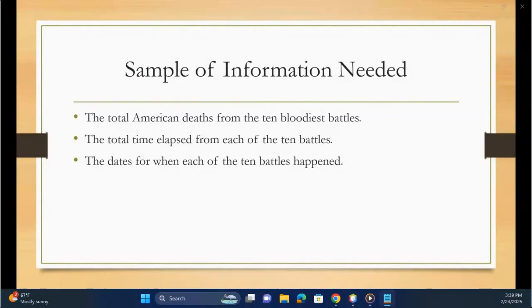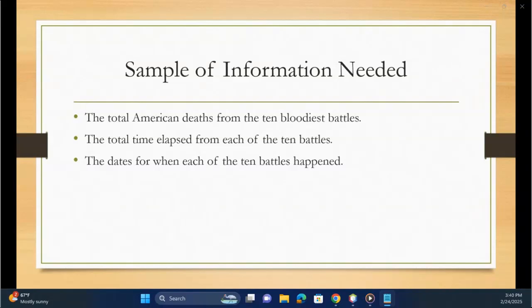On to the next one, we have samples of information we need. Again, we're getting the total American deaths from the 10 bloodiest battles, the total time elapsed for each battle, and we're also going to get the dates for when each of the 10 battles happened.